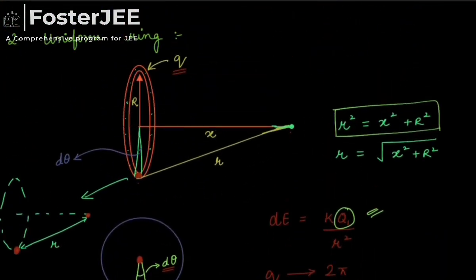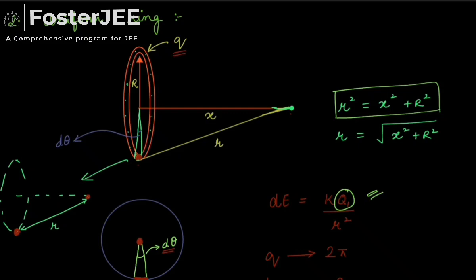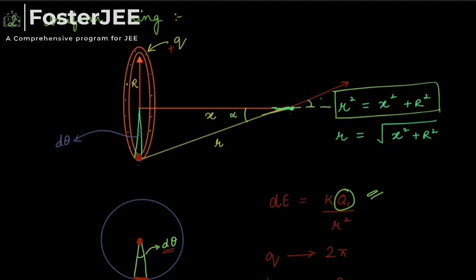Now going to the diagram, we can see the direction. If it is q charge, let us say it's positive, then the direction of electric field at this point will be away from this point charge. In this diagram, the direction will be this. Suppose this angle is alpha, and by symmetry, this angle is also alpha.